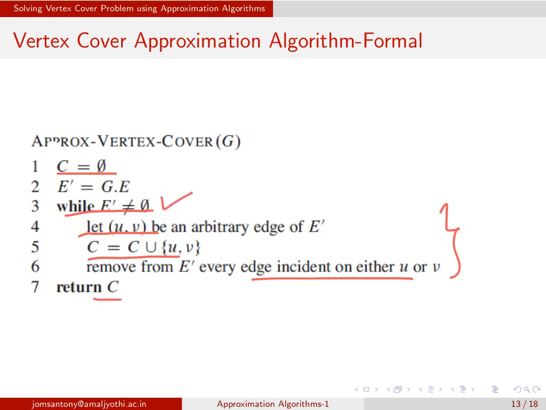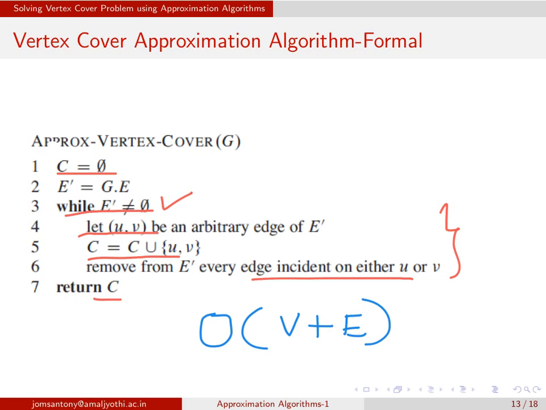It can be verified that the time complexity of this algorithm is of the order of big O of V plus E, where V is the set of vertices and E is the set of edges. And we know that the set of edges cannot be more than V square.